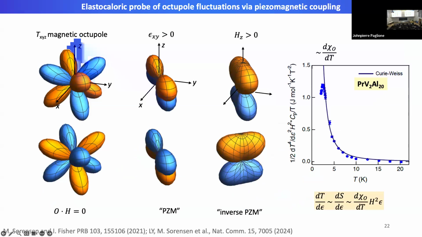That's a great question. So I think in general all the multipolar moments allow a piezomagnetic coupling. But in this particular T_xyz case, we allow a piezomagnetic coupling between the xy shear strain and a z magnetic moment, for instance. But for other types, it would be different.